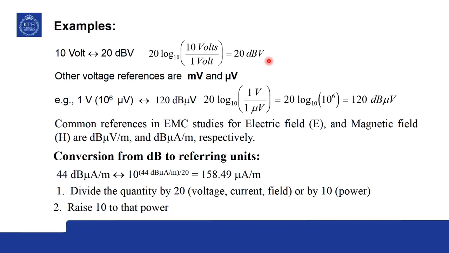You can express it instead of volt in terms of millivolt or microvolt. If you take 1 volt, which is equivalent to 10 to the power of 6 microvolt, that will be 120 dB microvolt. Say 20 log of 1 volt divided by 1 microvolt equals 20 log 10 to the power of 6, which is equal to 120 dB microvolt.